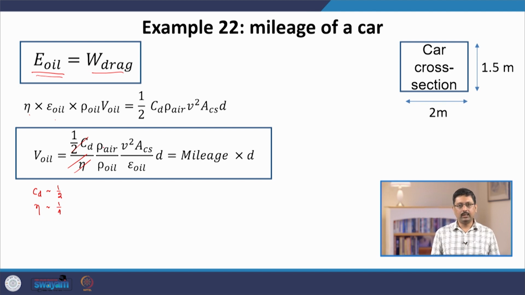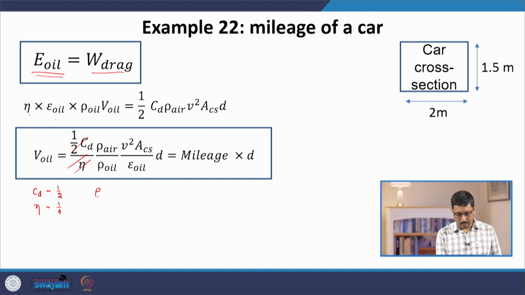Now, how much is the density ratio? We have the ratio of the density of the air outside and the oil inside the car. How much is the density of the oil? We may not know the numbers, but we can guess that the density of oil will be very similar to the density of water, and water is approximately 1000 times denser than air.